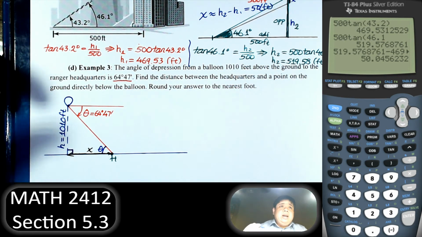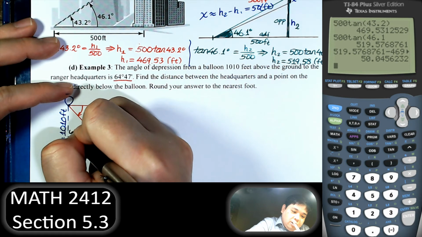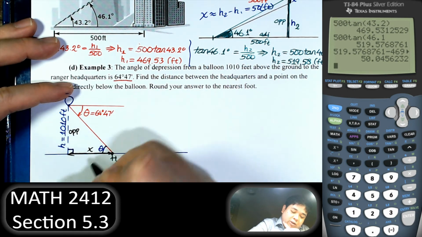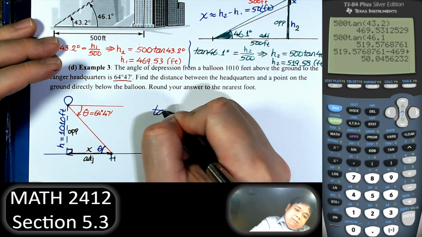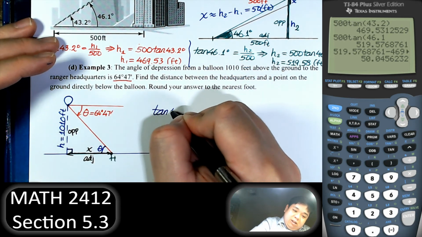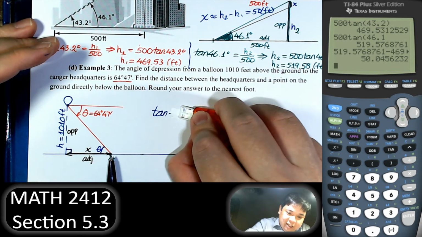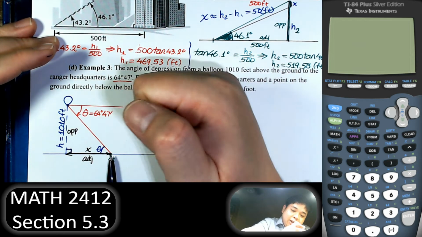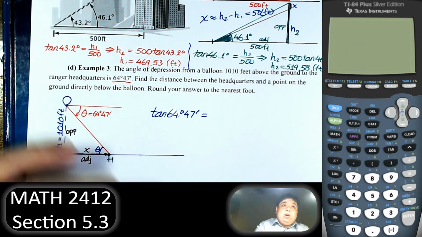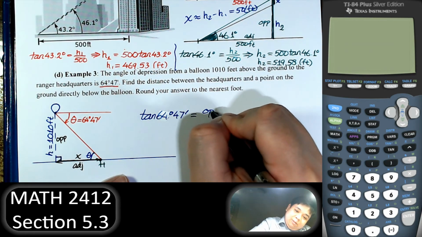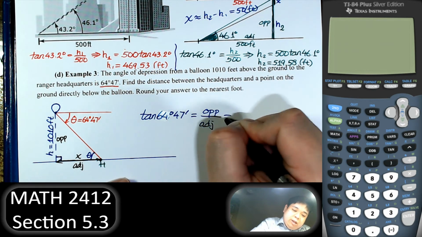Right. So in this triangle we have opposite to the angle, and here we have adjacent. So we have tangent of that angle, 64 degrees 47 minutes, equal to opposite over adjacent.